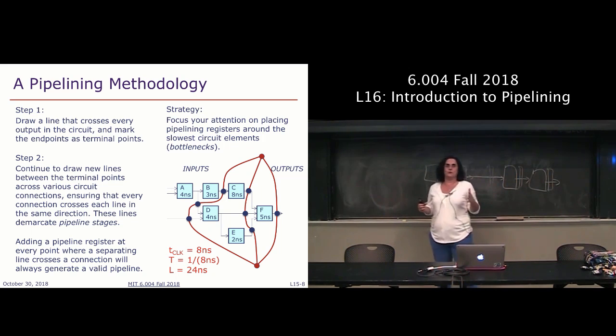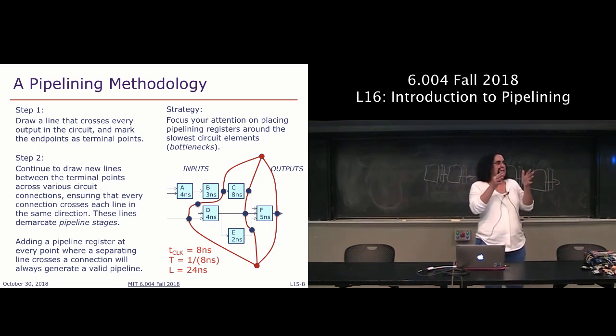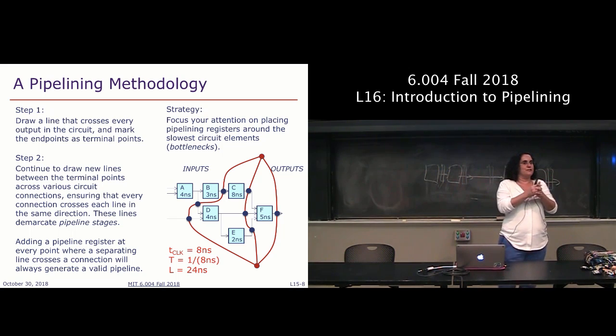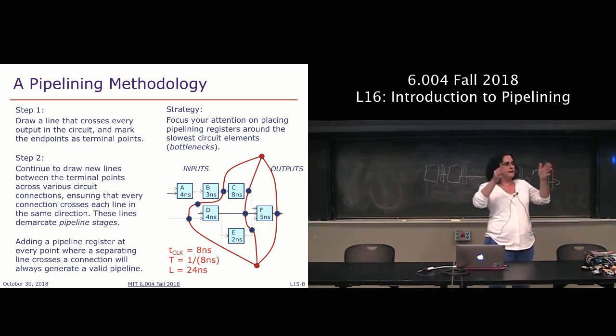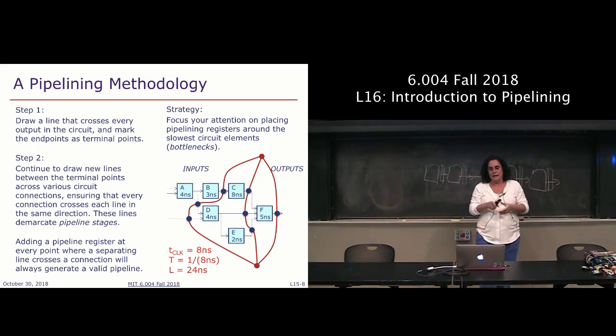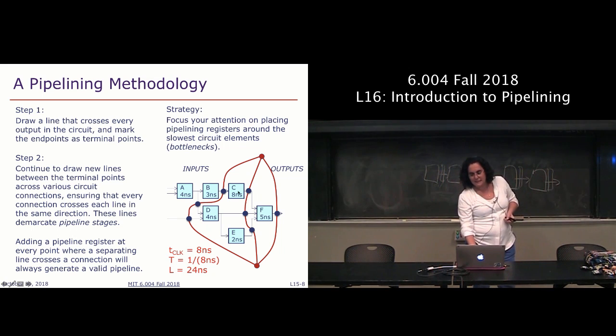Basically what I'm trying to do is isolate my slowest component, so that there's nothing before it or after it in its pipeline stage. So if I look at C here, which is my slowest component, it takes 8 nanoseconds. It's okay for it to be in the same pipeline stage as D and E because D and E are operating in parallel.